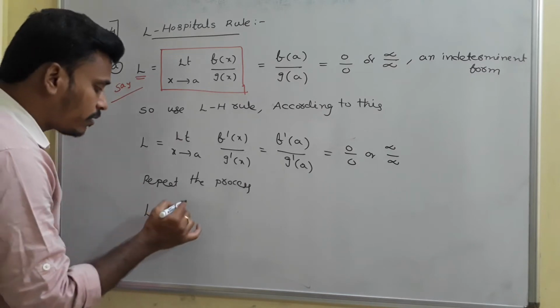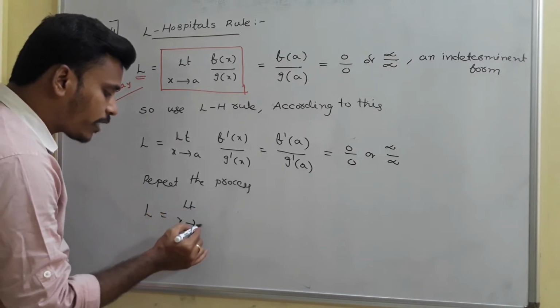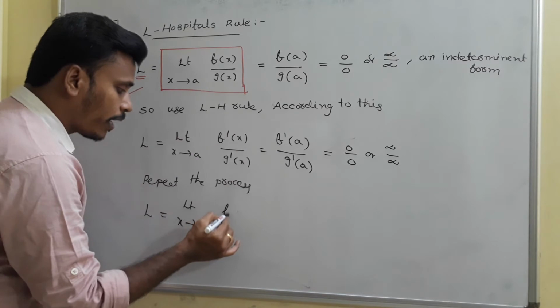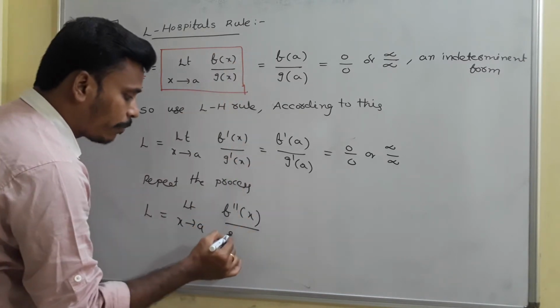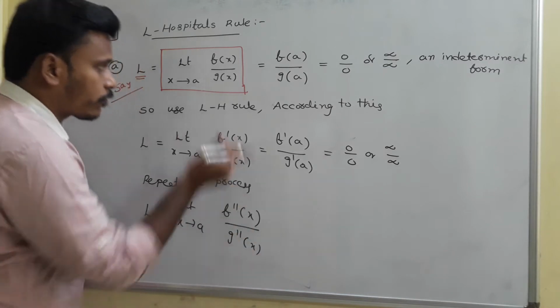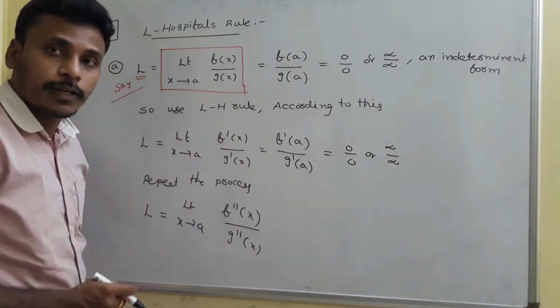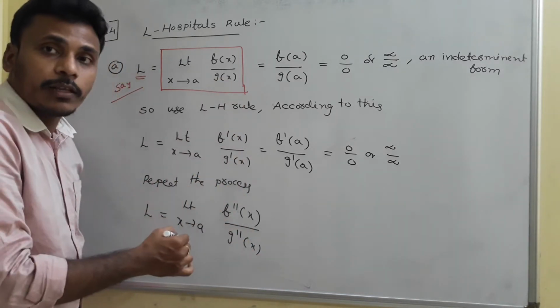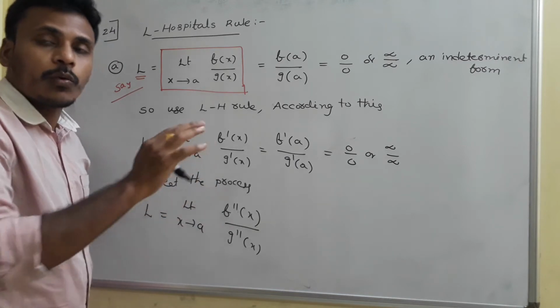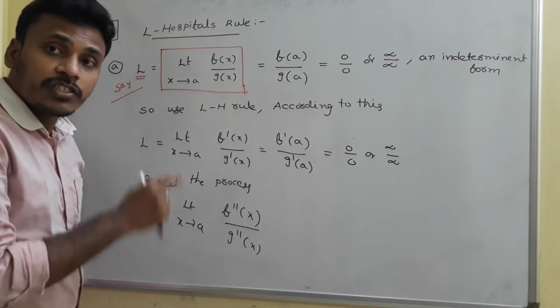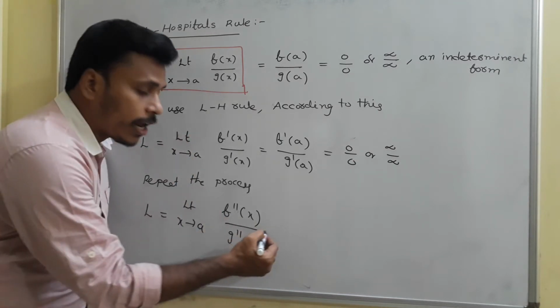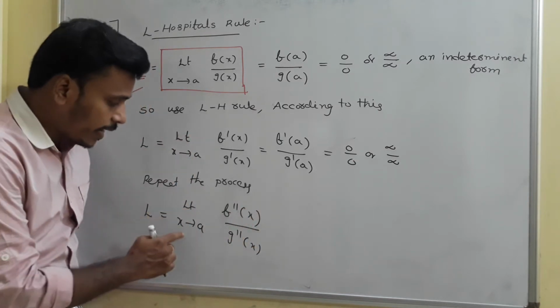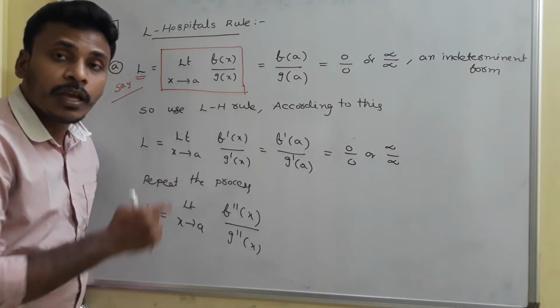Again the same L is equal to the limit as x tends to a of the second derivative of f of x divided by the second derivative of g of x. Again try to find this value. If it is determinate, your answer is f double dash of a by g double dash of a, by direct replacement of x with a.